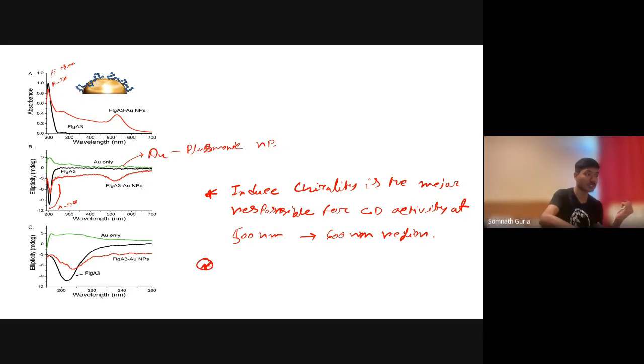One is negative and the other is positive, and they reduce the intensity of the ellipticity. That also makes sense, since the gold nanoparticle is somehow electronically interacting with the peptide chain.